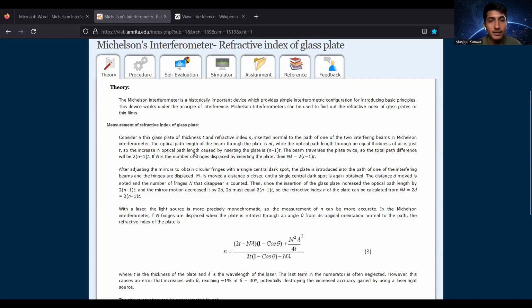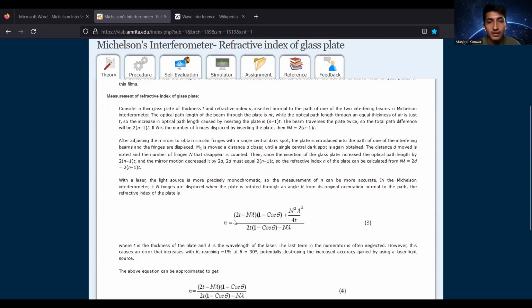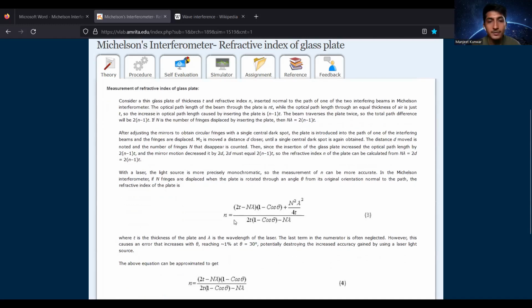The optical path length of the beam through the plate is nt, while the optical path length through an equal thickness of air is just t. So the increase in optical path from inserting the plate is (n minus 1)t. The beam traverses the plate twice, so the path difference will be 2(n minus 1)t. If N is the number of fringes displaced by inserting the plate, then Nλ is equal to 2(n minus 1)t. And here is our formula to calculate the refractive index of the glass plate.